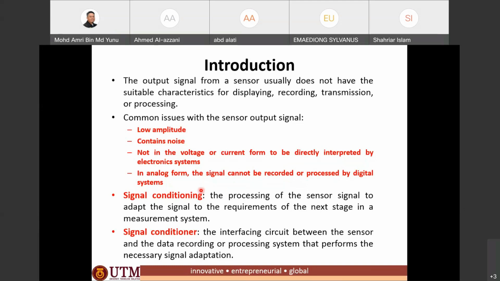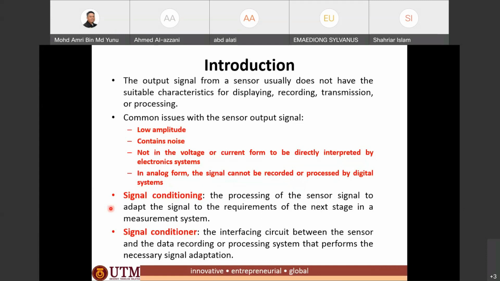There are two concepts here. First, signal conditioning. You need to understand it is basically the process of adapting the sensor signal to the requirement of the next stage in the measurement system. For example, we need to do some amplification, some limitation, some noise removal, or some conversion.